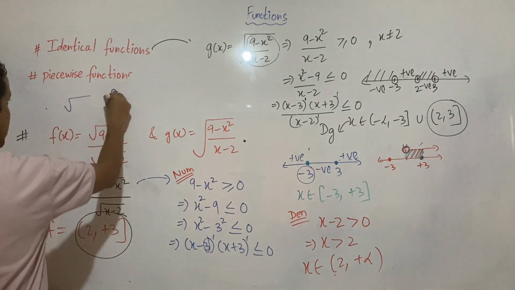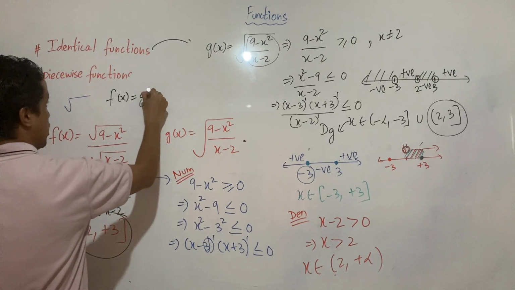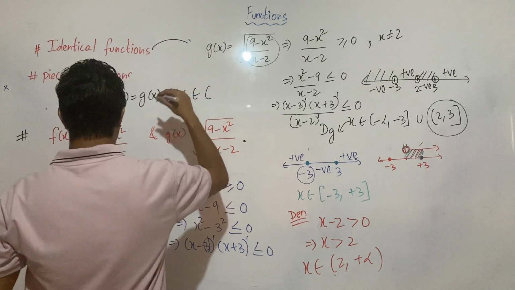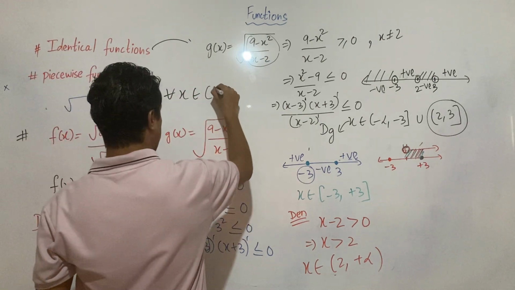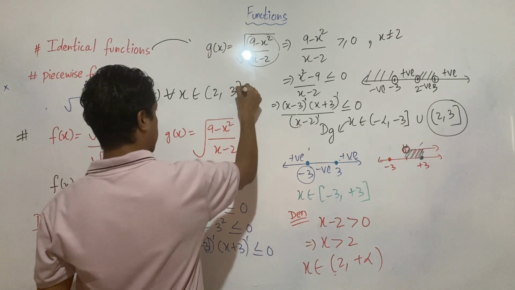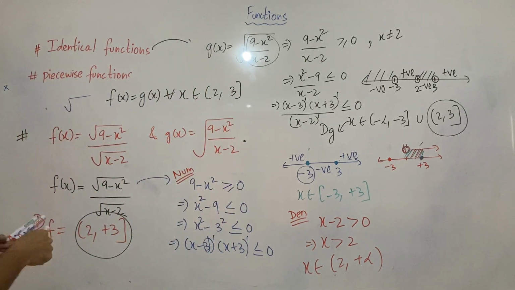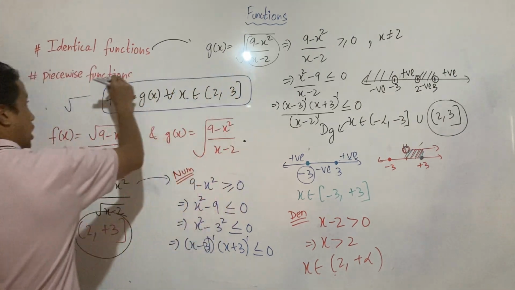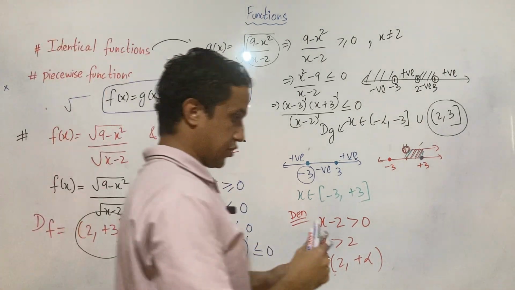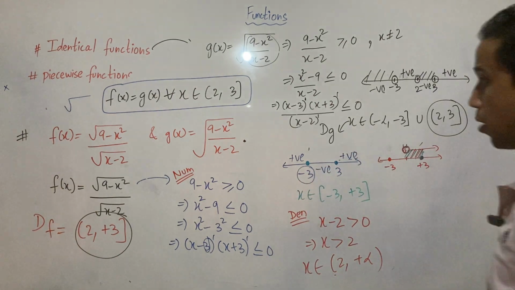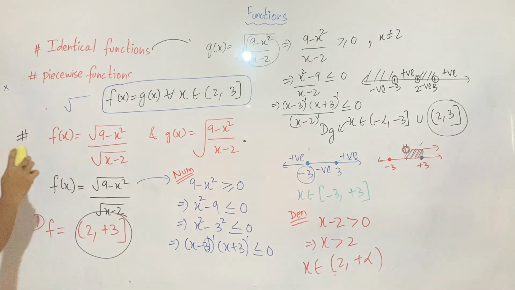So I can write f(x) equals g(x) for all x belonging to the open interval 2 to closed 3. Okay, so this is going to be your answer. I hope you have gotten it. That's how you have to approach problems that involve identical functions.